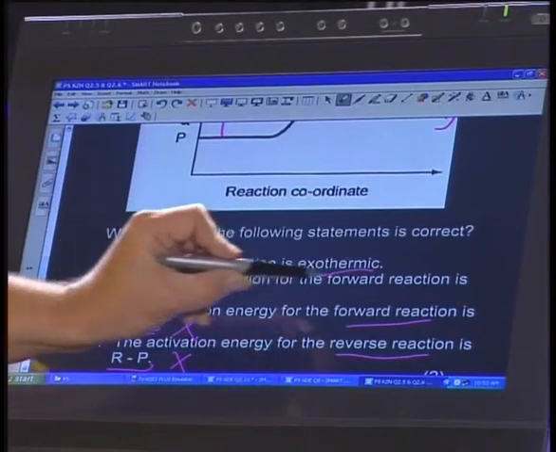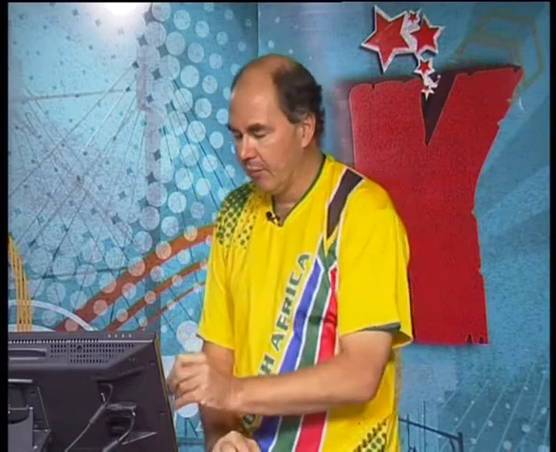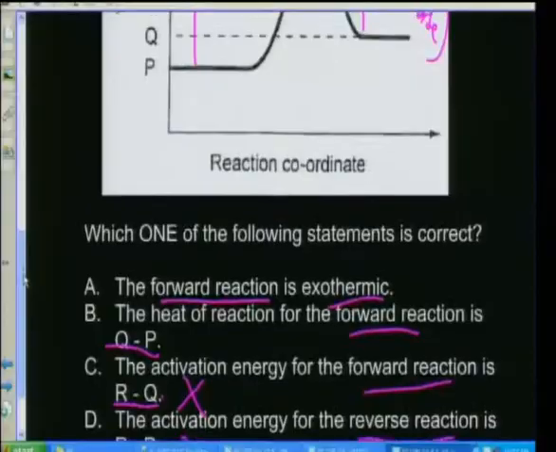The heat of reaction for the forward reaction. Now, remember, delta H for the forward reaction or for the reverse reaction are the same magnitude. They're just different sign, but we'll have to look and see exactly what it's saying.